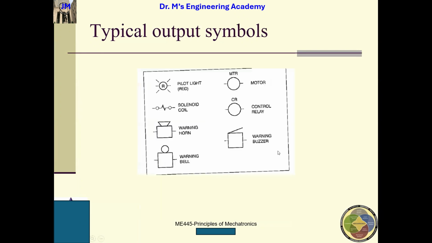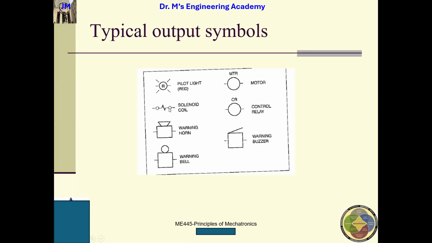So this is a typical input, and here are the typical outputs. This is a pilot light. We have 3 pilot lights, even though in some stations some lights went bad. This is a motor, and CR is a control relay. This is a solenoid coil.